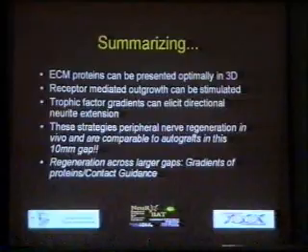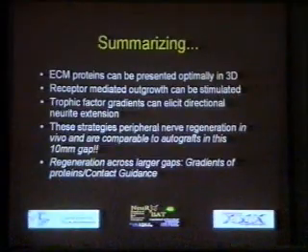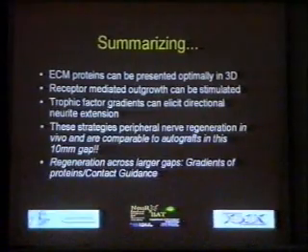But if you have a larger gap, when I saw this data, I did not have the confidence that we would get robust regeneration across larger gaps using such systems. And so we started exploring 2 alternate systems. One of which was to introduce into the system what I'm beginning to call, for the last 2 years, anisotropic elements.